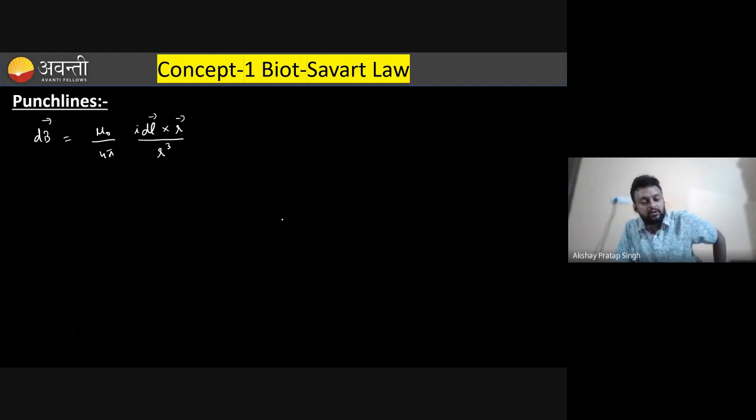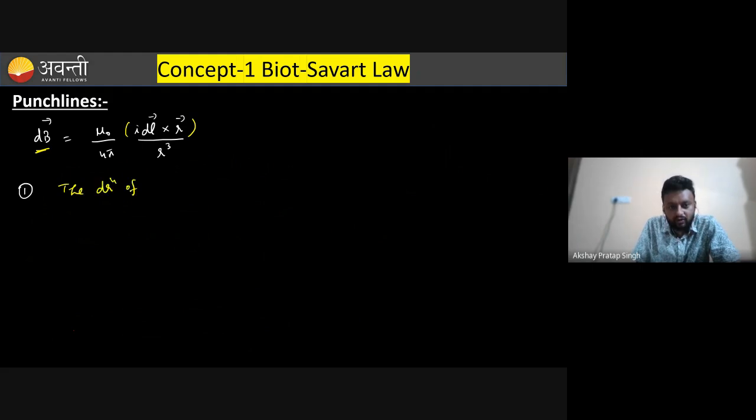Now, the first thing that you should note down as a punchline is that field is a vector quantity and it is being calculated using the cross product IDL cross R. So the direction of field, I'm writing field as B, will be the same as the direction of the vector product, which vector product, IDL cross R.